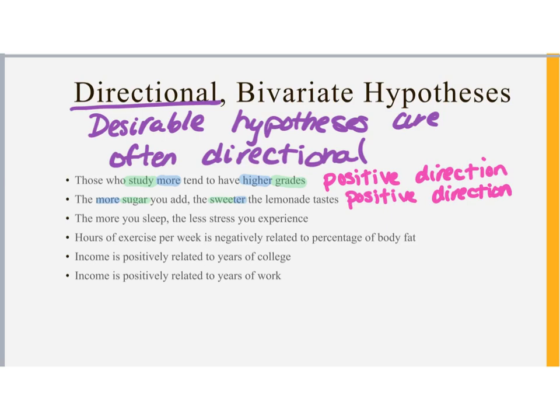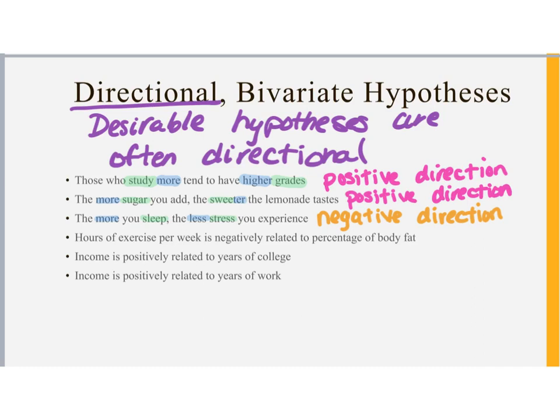The variables are sleep and stress. Let's look for indication of direction. We've got more sleep with less stress. This is saying that when sleep increases, stress decreases. So in this one, we're positing a negative direction or a negative correlation.